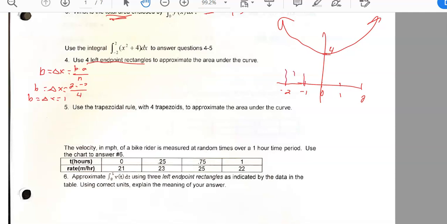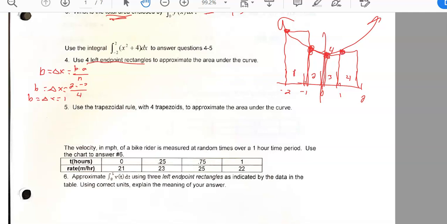So here is going to be rectangle number 1, rectangle number 2, 3, and then 4. We want them to be left endpoint rectangles. So that means we would have gone up from the left side, touched the curve, come on down for all of them. What we also then would have talked about at some point, these are also circumscribed on the left.